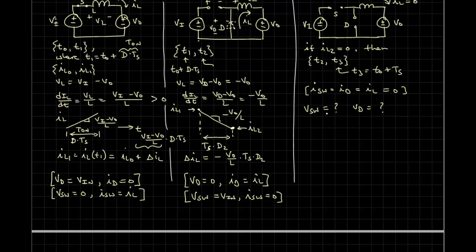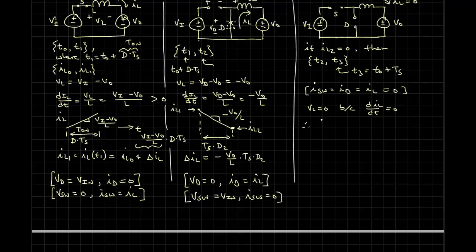But we can say that VL is equal to 0 because dIL/dt is equal to 0, so there's no voltage across the inductor.